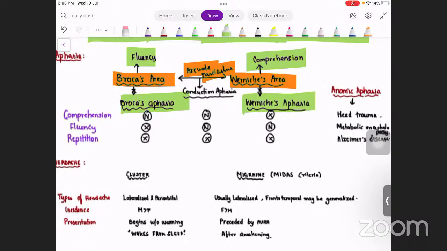If there is a problem in the arcuate fasciculus, you may get the conduction aphasia, people. So Broca's aphasia is Broca's area defect, conduction aphasia is arcuate fasciculus defect, and Wernicke's aphasia is Wernicke's area defect.